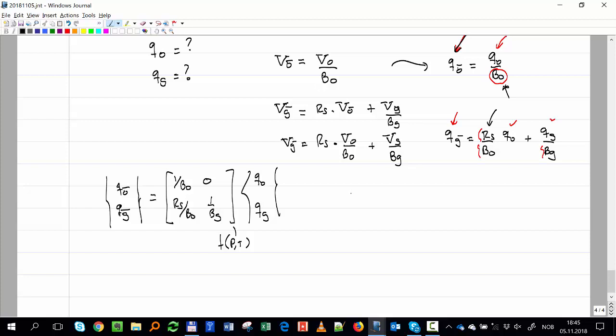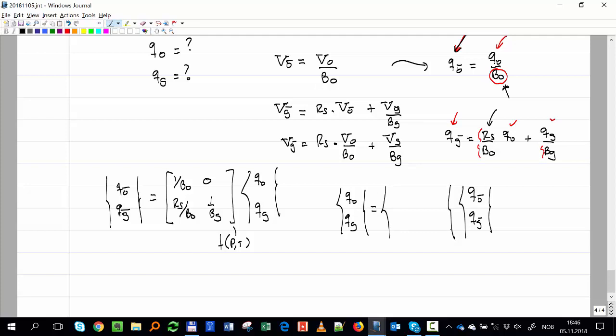Now, how do we find QO and QG? What will be the expression for QO and QG? That's exactly what we want. We really don't have the local rates to calculate standard rates. We have the standard rates, and then we calculate local rates to see what's happening in the tubing, to calculate pressure drop.